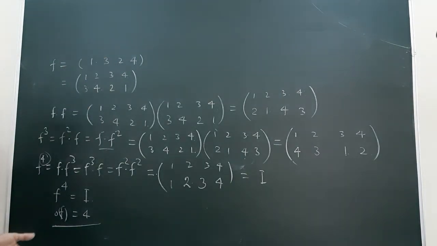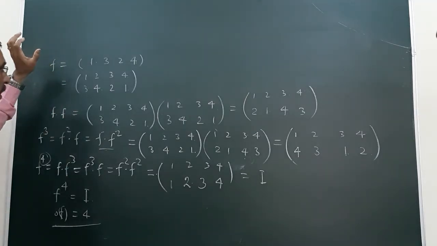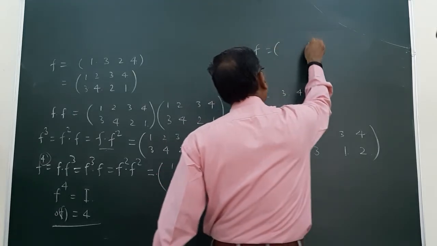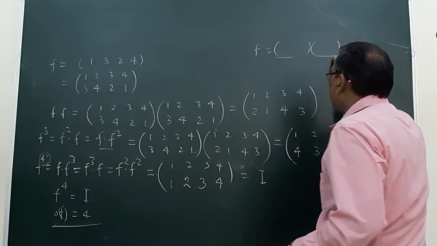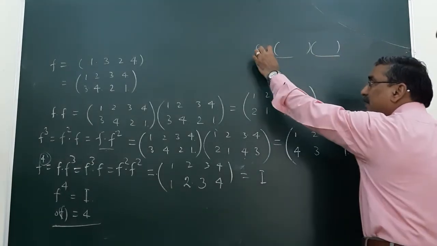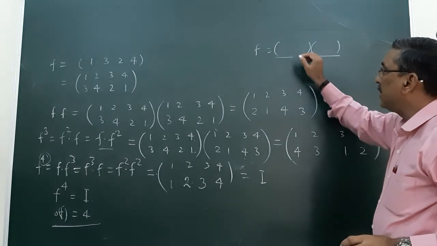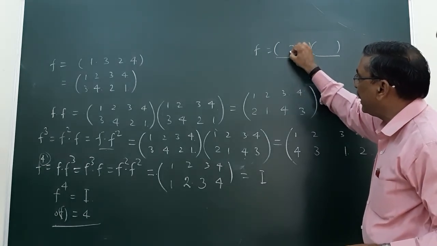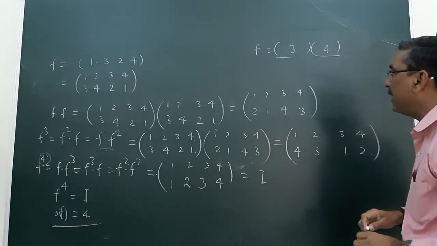If in place of this, F is expressed as the combination of two disjoint cycles, then we can find the order of this F as the LCM of, say, this cycle has 3 elements and this cycle has 4 elements.